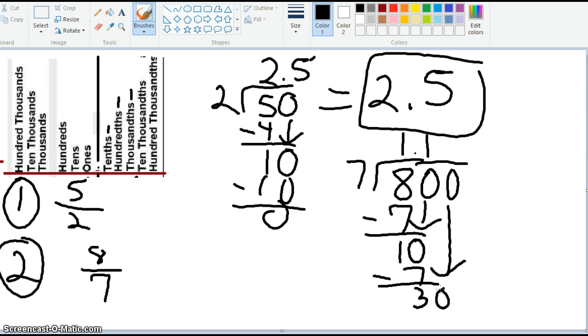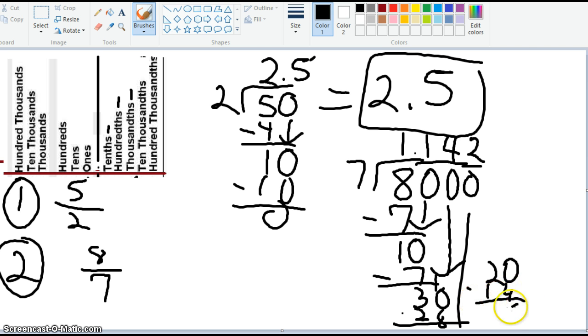Well, in this case, I can go as far as 7 times 3 is 21, 7 times 4 is 28, 7 times 5 is 35, but that's too big, so I'm just going to add a 4, and 7 times 4 is 28, which gives us 2. I'm going to add one more 0, bring it all the way down, and I'm going to multiply 7 times 2, which is 14, which gives me 6.